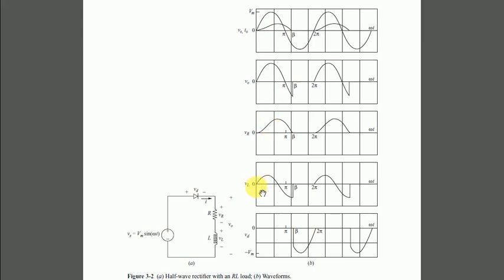While the inductor voltage initially attains a maximum value, and then with the drop in the value of current, it becomes negative. This is the waveform across the diode part of the circuit, that is during the negative half cycle, the voltage appearing across this will be from beta to 2 pi.